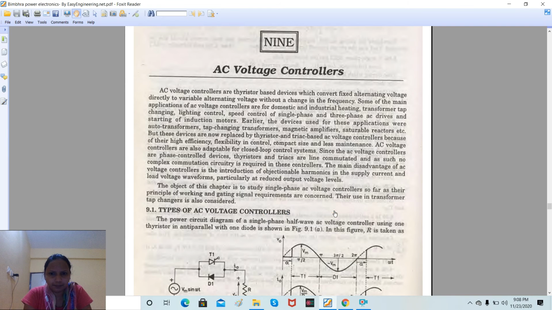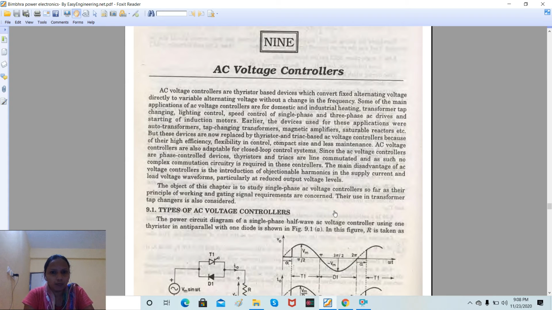In this AC voltage controller, the circuitry mainly consists of power semiconductor devices. Here the semiconductor device is mainly the thyristor based device, and the thyristor commutation process is mainly line commutation.